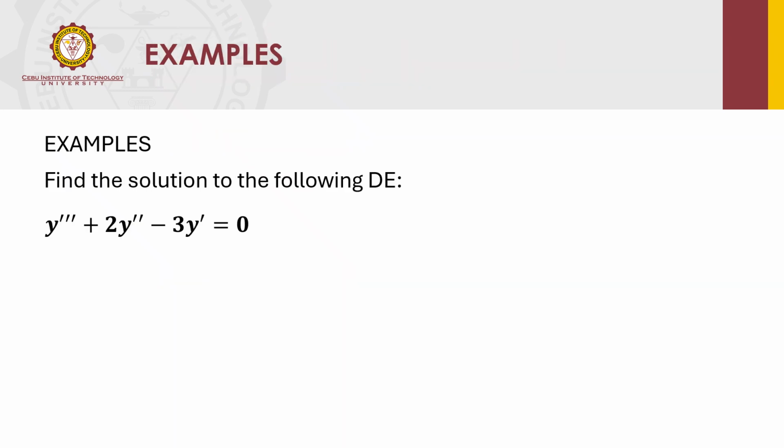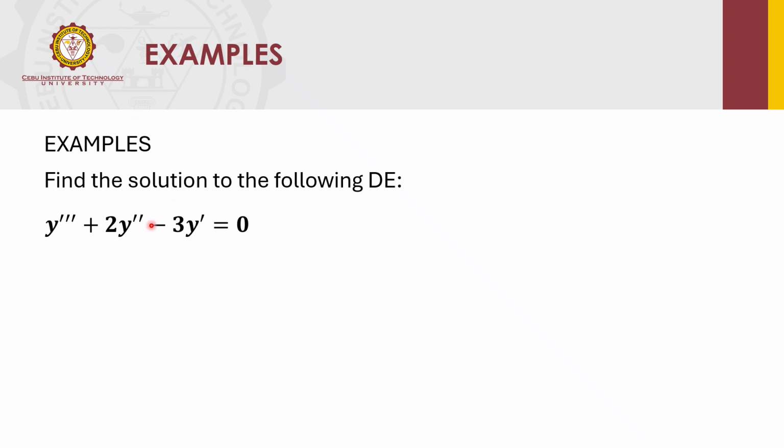So for example, if the given DE is y triple prime plus 2y double prime minus 3y prime equals 0. The first step is we simply write the auxiliary equation.